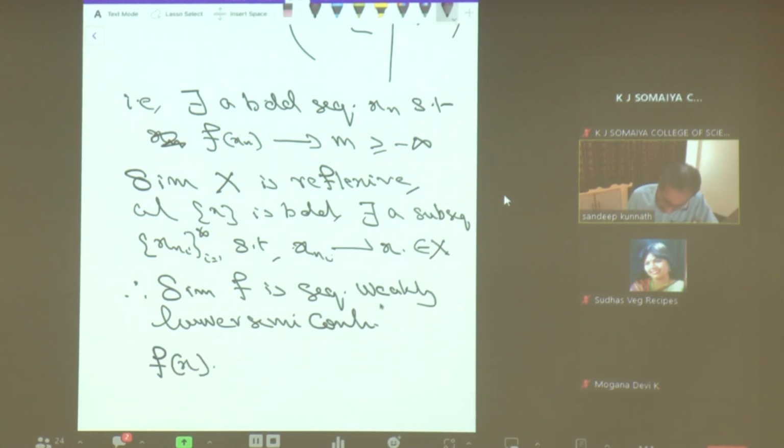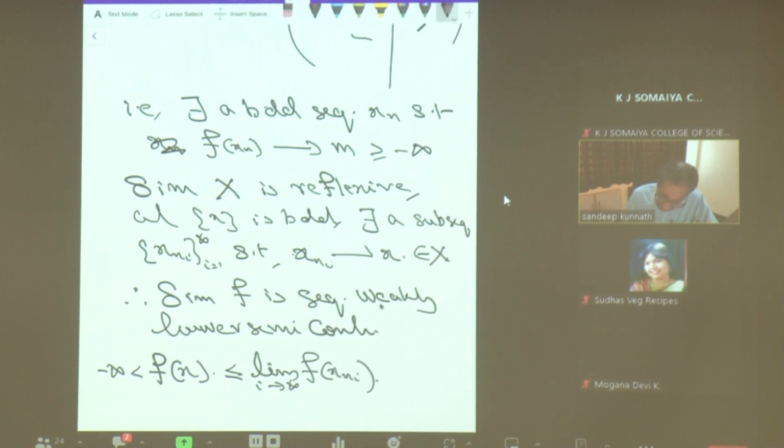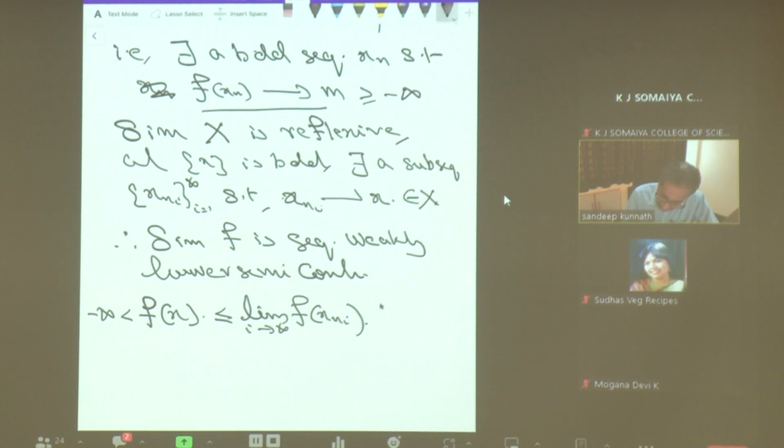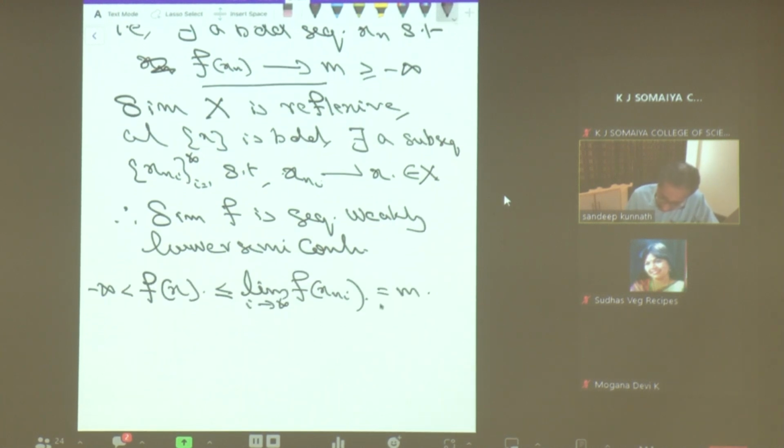We know that f takes real numbers, so minus infinity is strictly less than f of x, which is less than or equal to the limit as i goes to infinity of f of xni. And we know that f of xn converges to m, so f of xni will also converge to m. That implies that minus infinity is less than f of x.